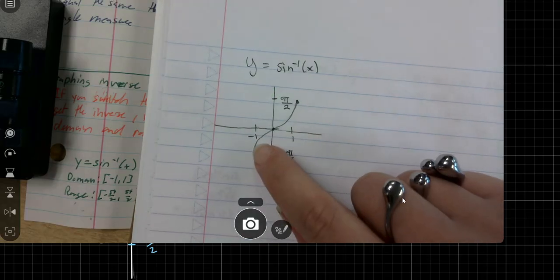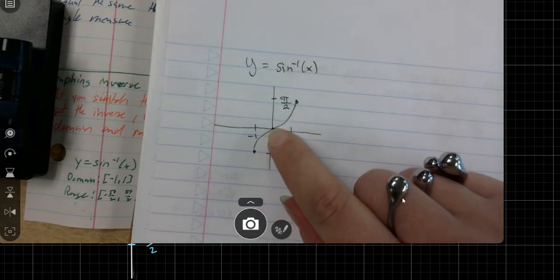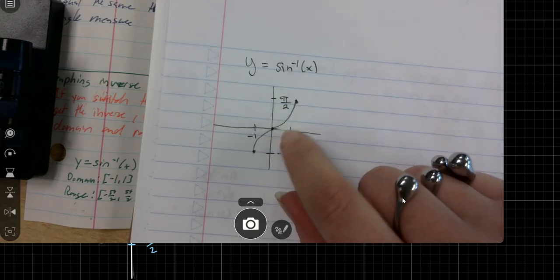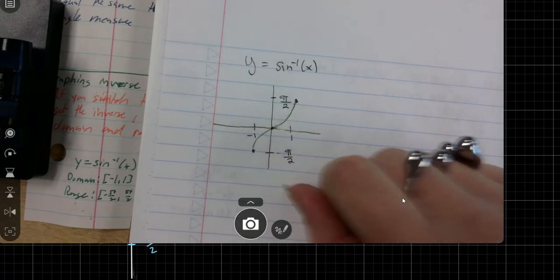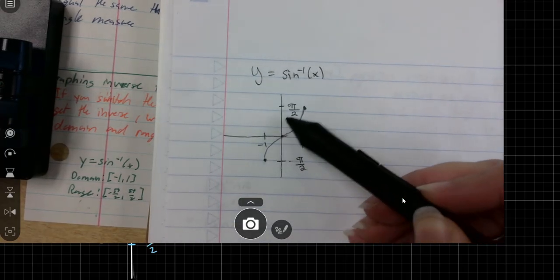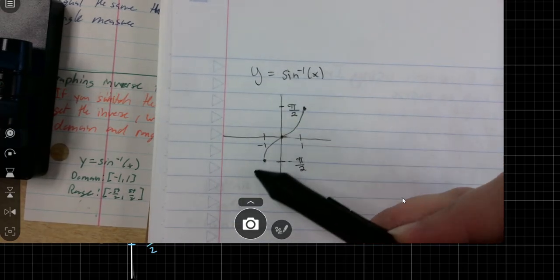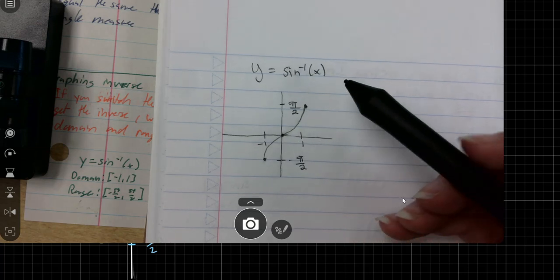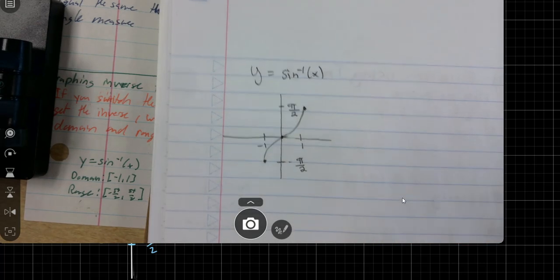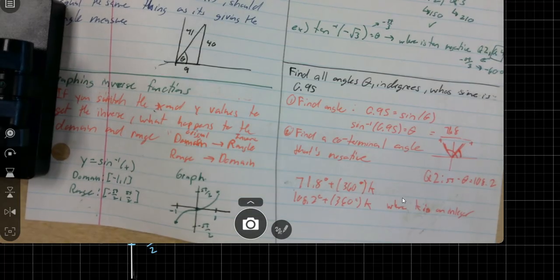We should be going up to 0 and then curving. So our original sine function went like this and then went up. But now we're flipping it over a line that goes right through both these points. So you're flipping the curve. So it should be going up like that and then down. So make a curve looking like that. Otherwise, it's not.